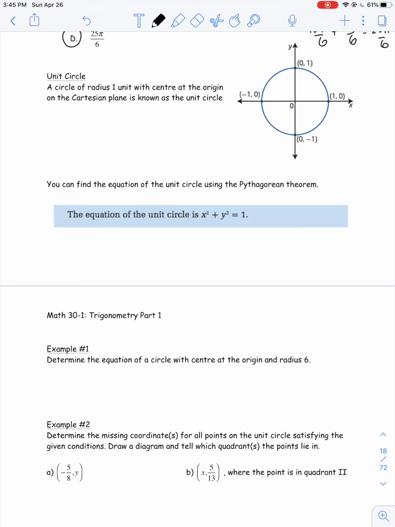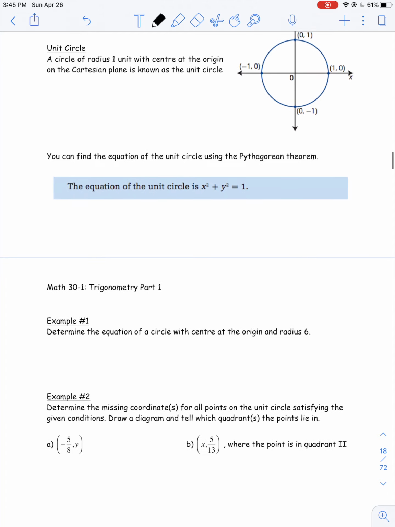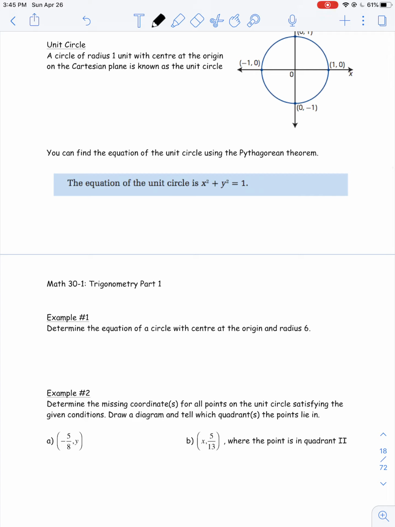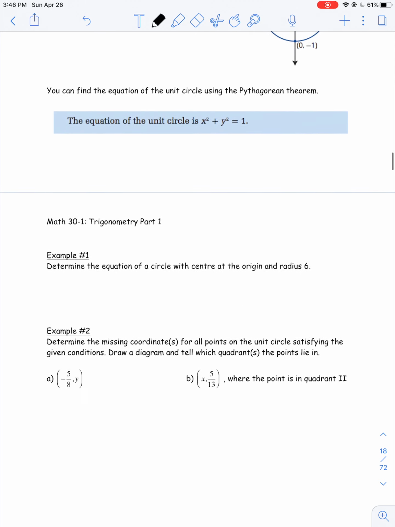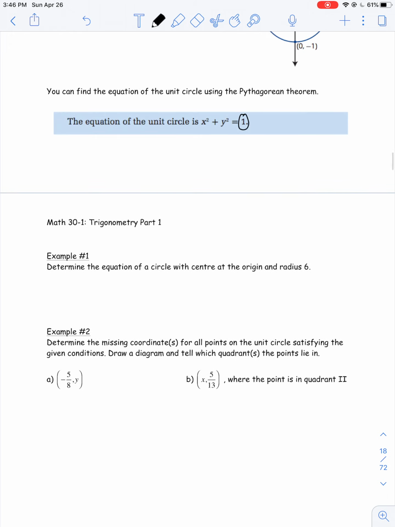Now, on a unit circle, the radius should always be 1. In this shape, we can use the Pythagorean theorem to find our x and y coordinates around the circle. If we have one of the values of x or y, we can plug it in to solve for the other one. This becomes easy and helpful for the other examples. Now 1 represents your radius.